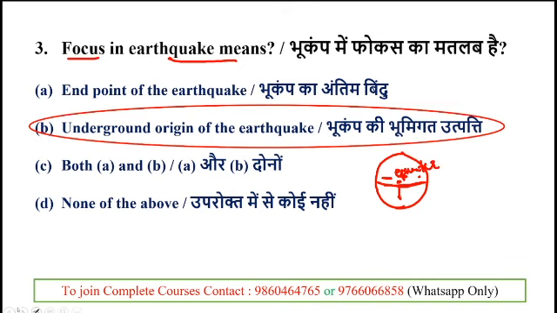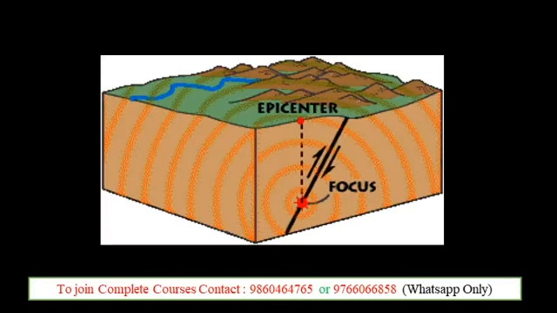Epicenter, in the picture you can see this is the focus, and just above the area on the land is called the epicenter. So these are the two important keywords related with the earthquake: one is focus and the other is epicenter. Sometimes you can confuse the concepts of epicenter and focus. Just remember that the focus means the focus point.